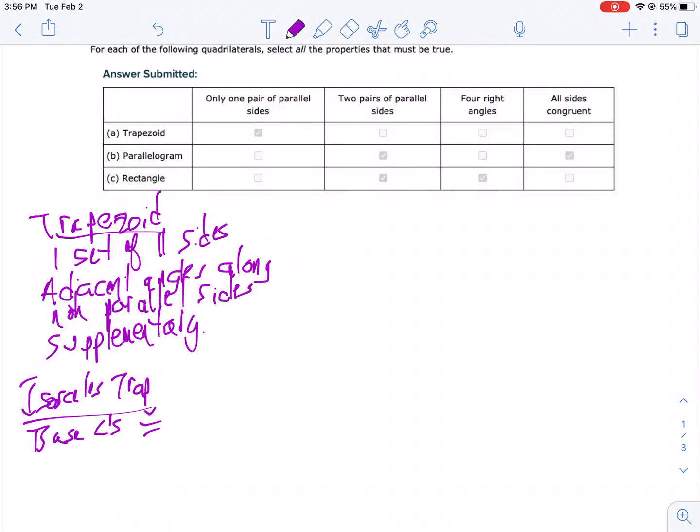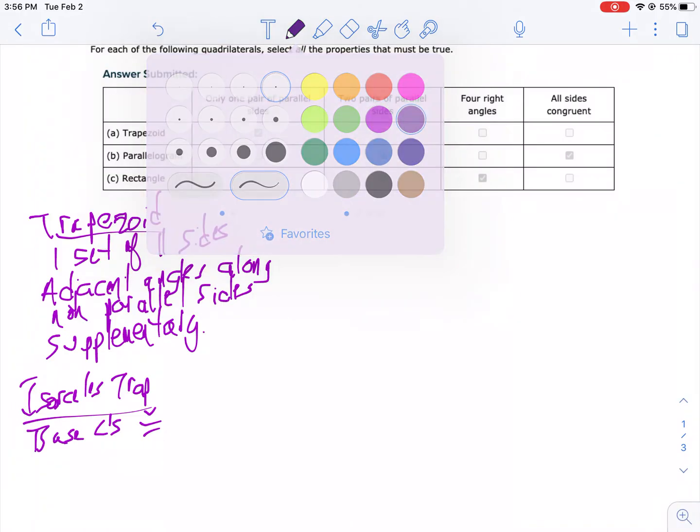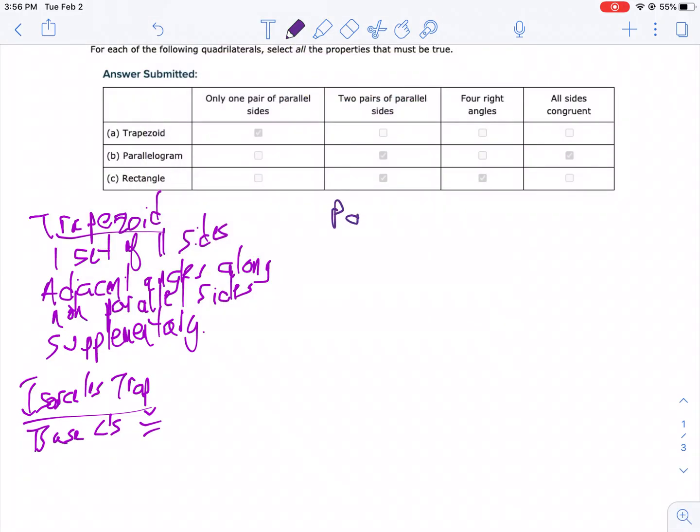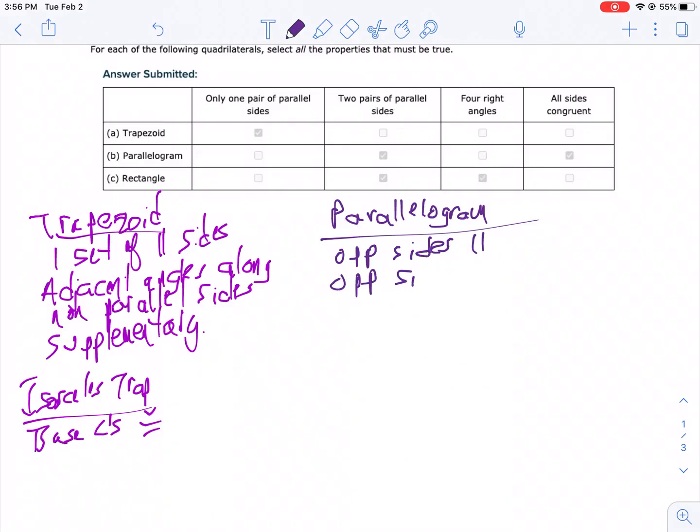If you have a parallelogram, we know a bunch of things. We know the opposite sides are parallel. We know the opposite sides are congruent. That's where you made the mistake here.